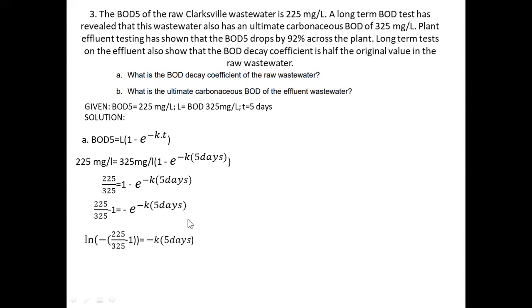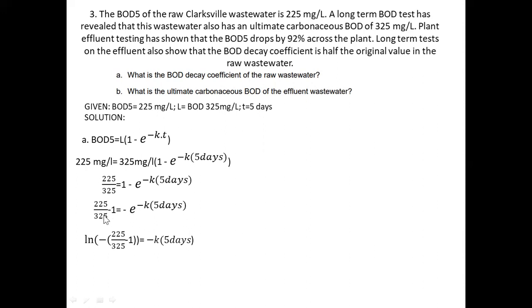Let's eliminate the negative sign here, so this becomes negative 1 times the quantity of 225 over 325 minus 1. Okay, and then we eliminate the e here.